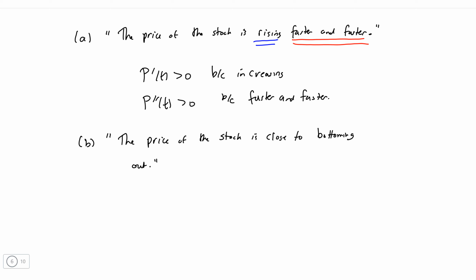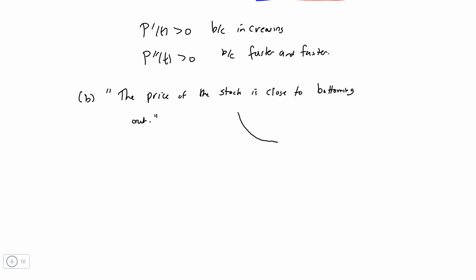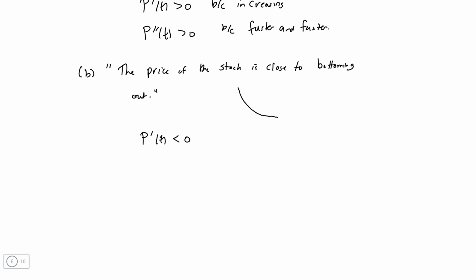Well, bottoming out means it's decreasing. So you can think of it looking like this. And we can also see concave up because it's getting flatter. It's not decreasing faster and faster. So this should tell me decreasing, but then the second derivative is still positive because it's concave up.